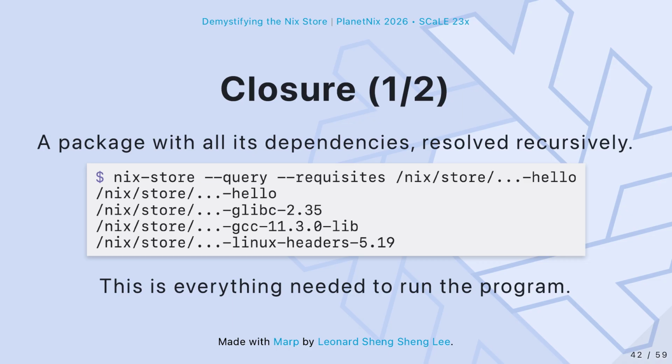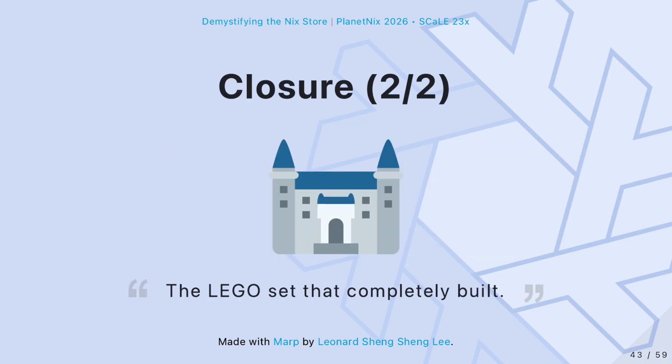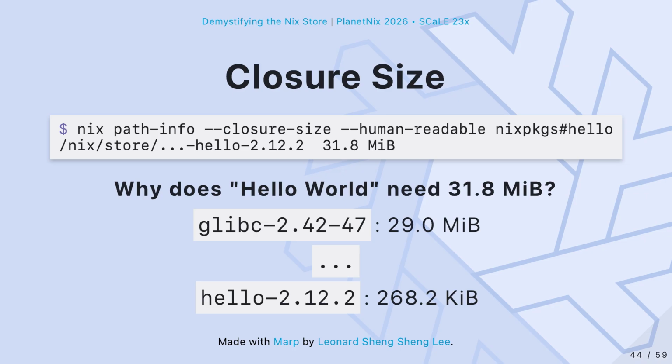This is the latest slide. So you have references and referrers that you can check for dependencies and also closures. A closure means a package with all its dependencies resolved recursively. So when you calculate a closure, it shows you whatever dependencies it needs. This is what you need to run the program. A closure is like a Lego set that is completely built, that you can take to display and use.